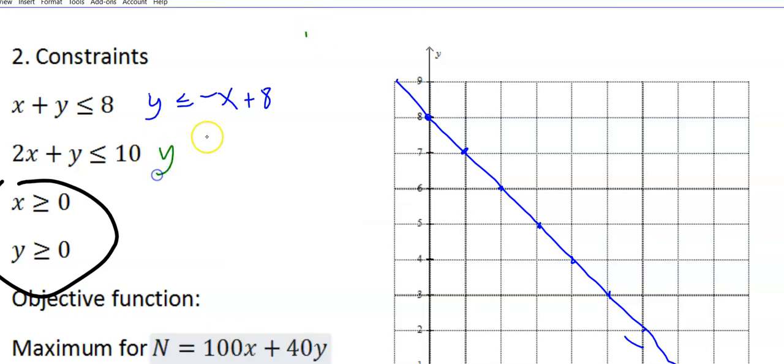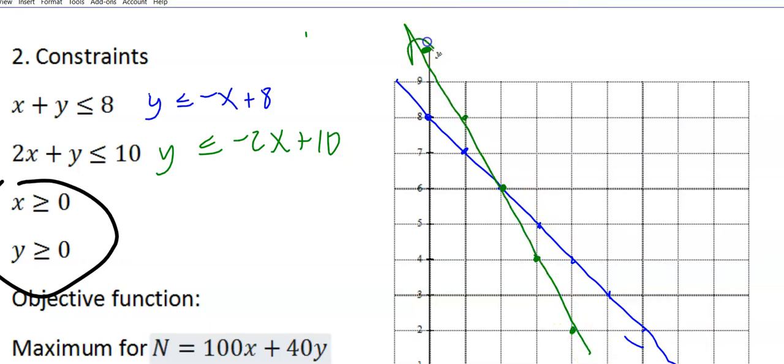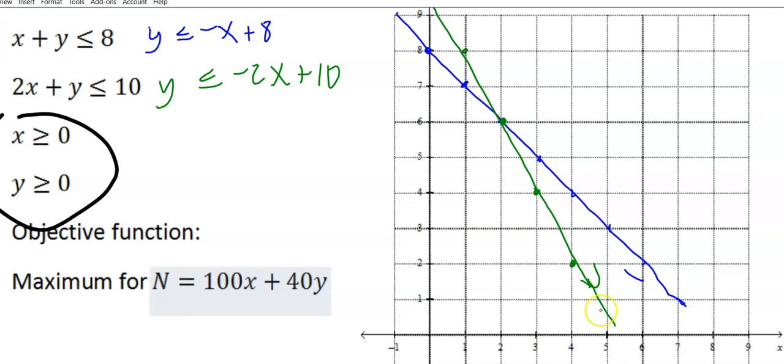This is y is less than or equal to negative 2x plus 10. The 10 is right up here somewhere. Negative 2 over 1, negative 2 over 1. I'll go all the way down to the bottom there. Oh, it goes right to here, doesn't it? That's nice. Okay, so the slope is negative 2.